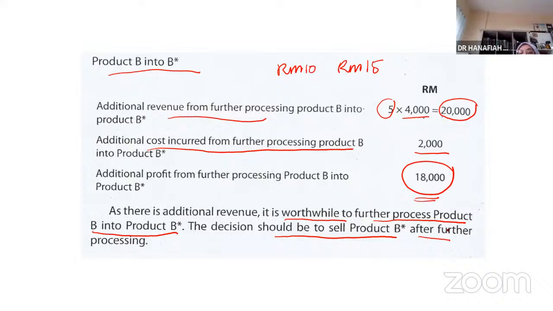So therefore, stop A at the split-off point, but further process product B, and sell it after it becomes product B asterisk. All right, so far, are you following?